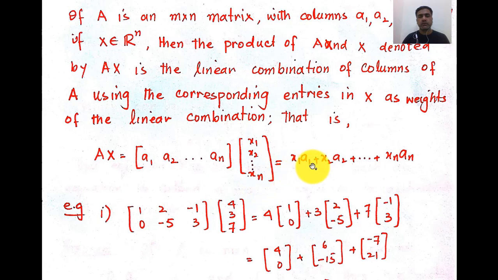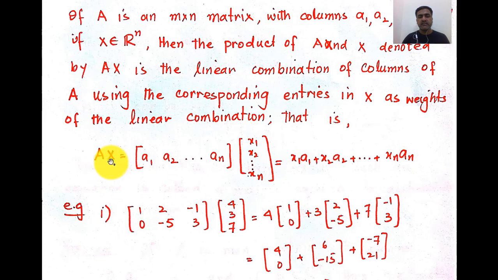This can be written as x1 a1 plus x2 a2 plus up to xn an, and from this we see that this is a linear combination of a1, a2 up to an with weights x1, x2 up to xn.